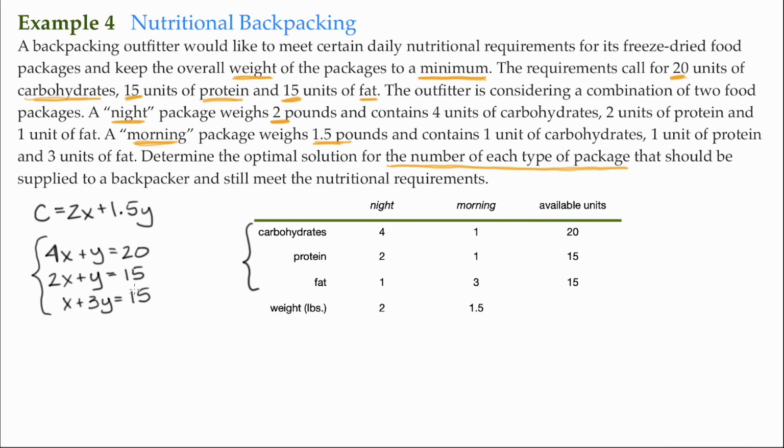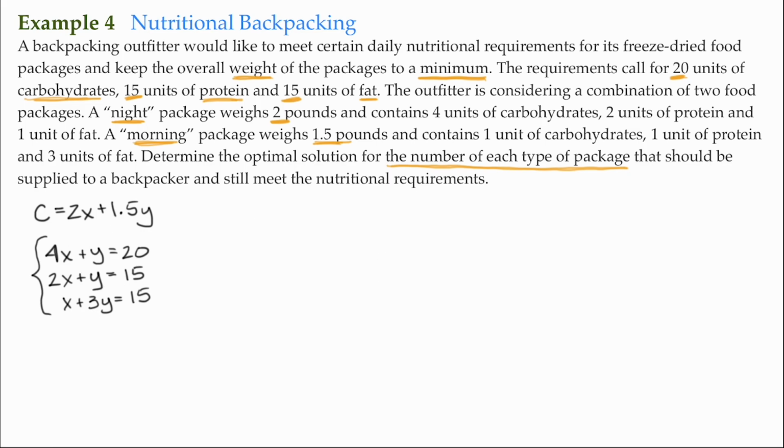Now that we have our system of linear equations, we can go ahead and graph it. Now again, your graph doesn't have to be anything fancy, just something clear enough so that it models the scenario here. So it should look something like this. Now this graph looks a little bit different than the ones we've created before, because now we're looking for a minimum.